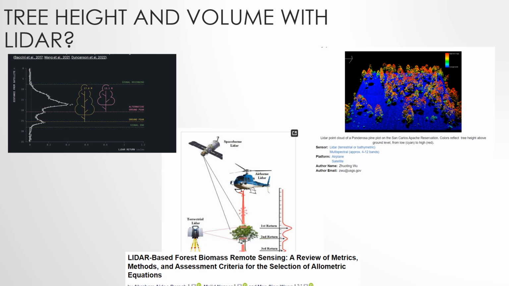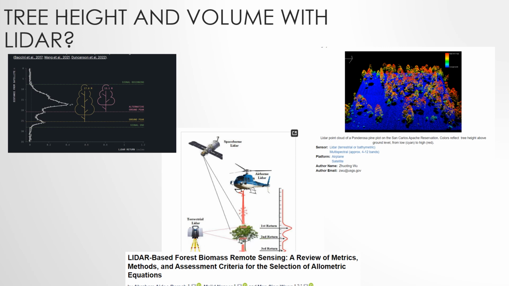And so right now there are different studies out there saying that by using LiDAR, we can remove the need for forest inventories and basically just obtain the height of the trees and even the volumes of the trees directly with LiDAR.